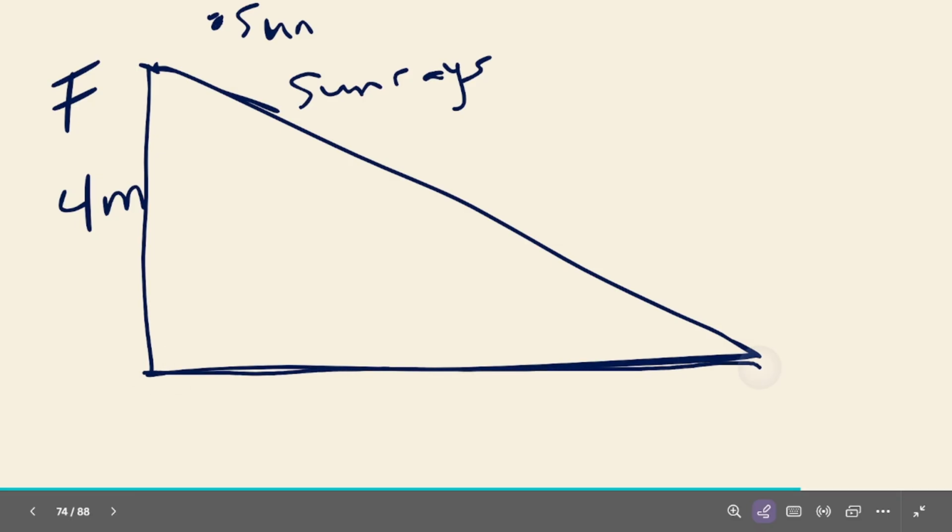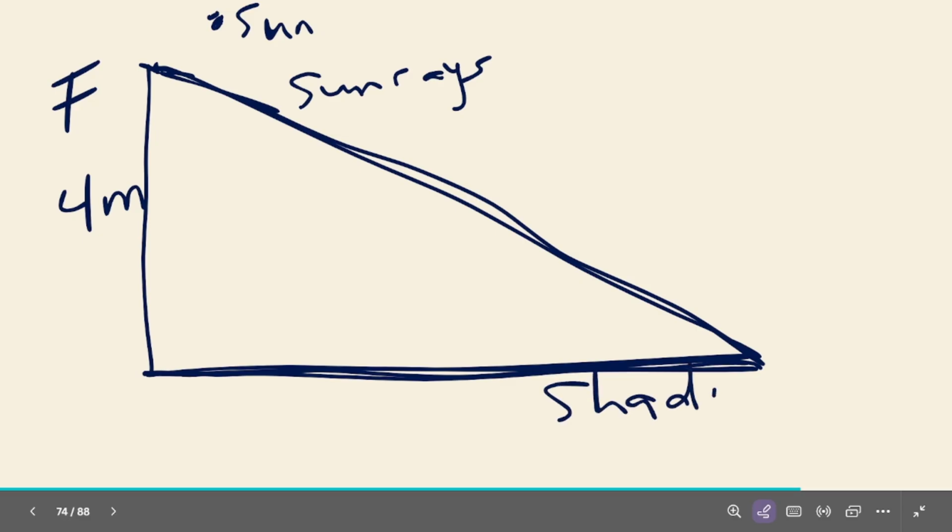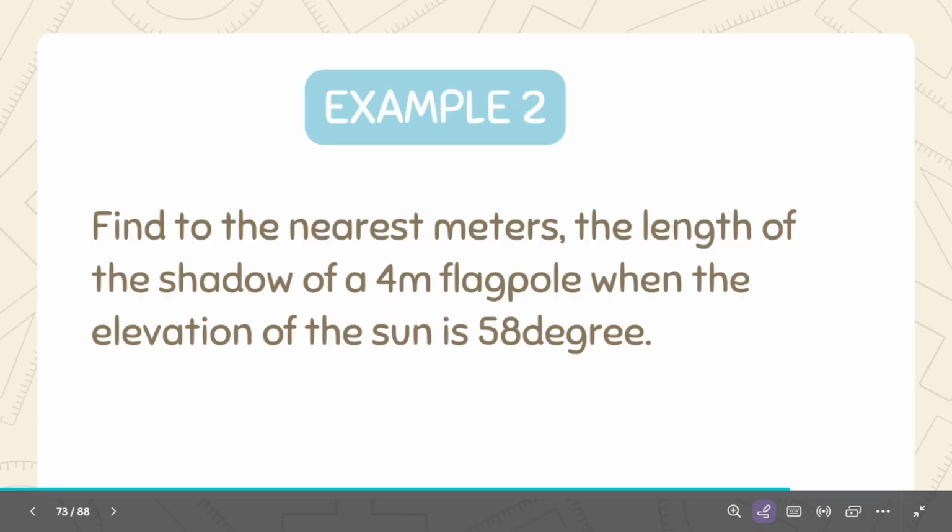I hope you understand what I'm trying to explain. So if this is the sun, this is the rays, the shadow of those sun rays will be cast on the ground, on the horizontal ground. So this is the shadow of the sun. So coming back to the question, any other details given?